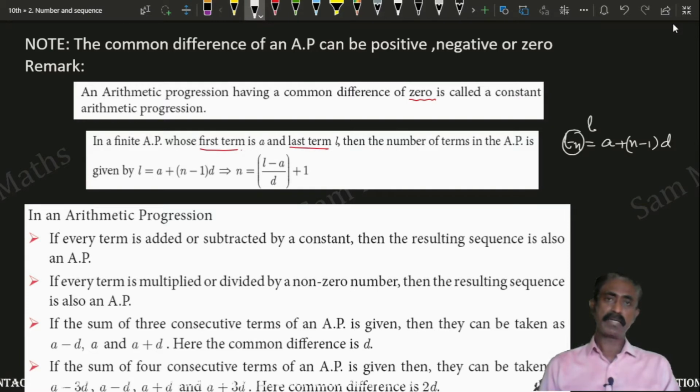This is the required number of terms. N is equal to L minus A by D plus 1.